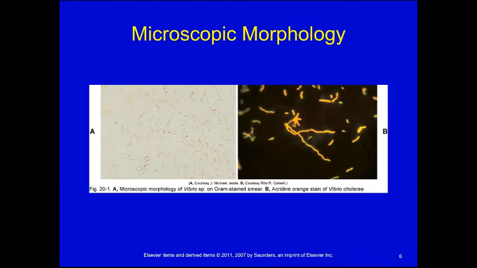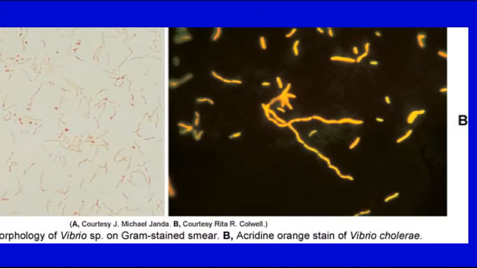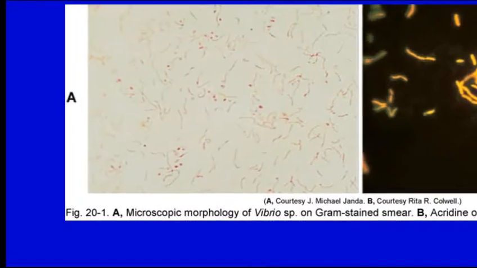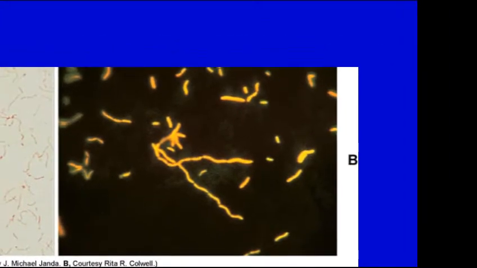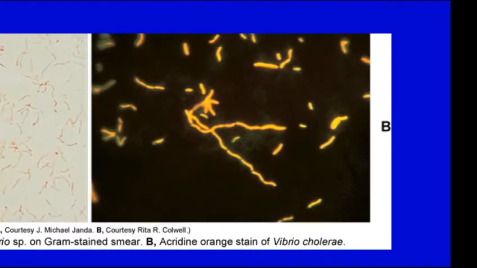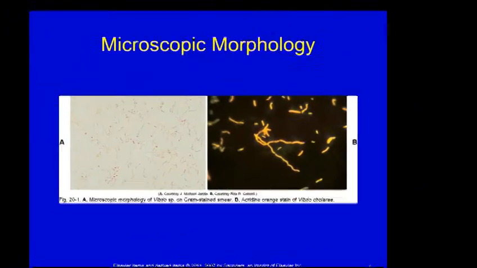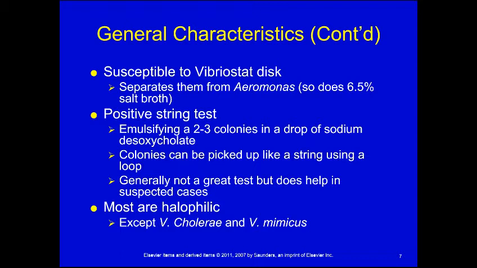Now, this is the microscopic morphology of your Vibrio. This one, A is a gram stain smear, and the other one is the acridine orange stain of Vibrio cholerae. So, take note that your Vibrio is susceptible to Vibrio stat disc.